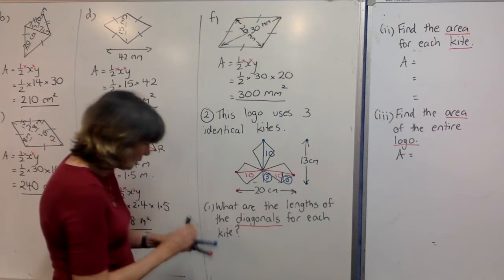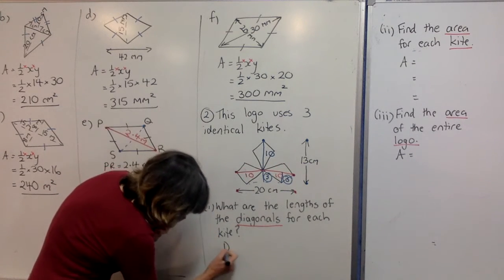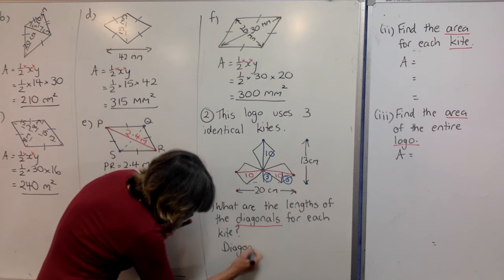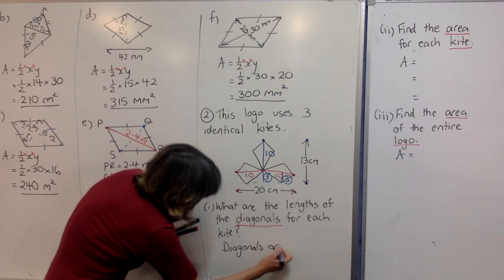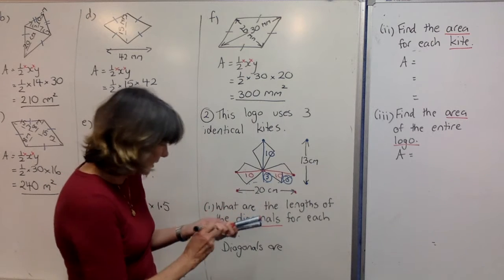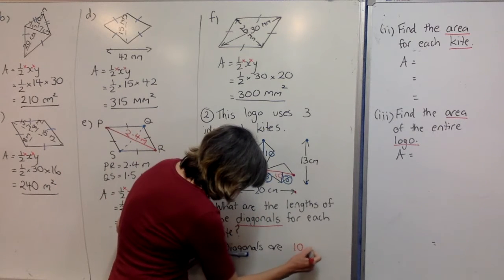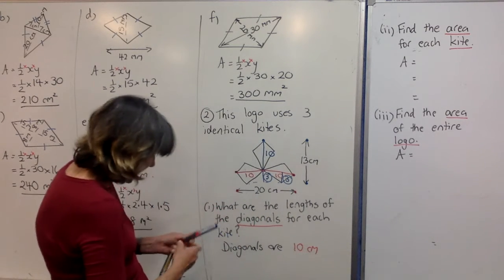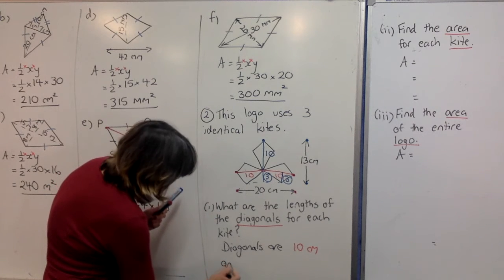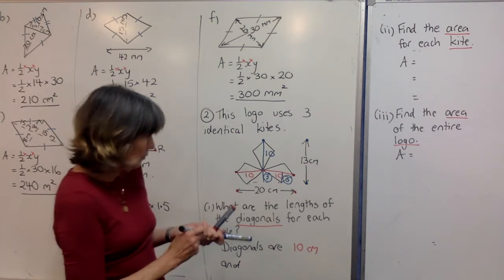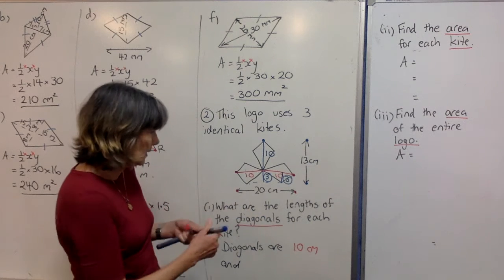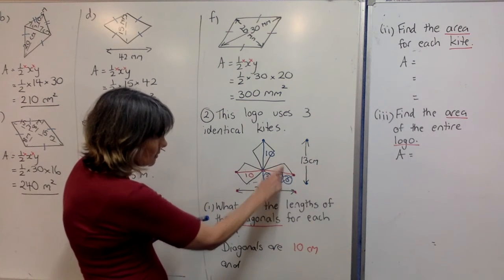So our diagonal lengths are the red one, 10 centimetres, and the blue one, or the one we were working with the blue on, will be this doubled.